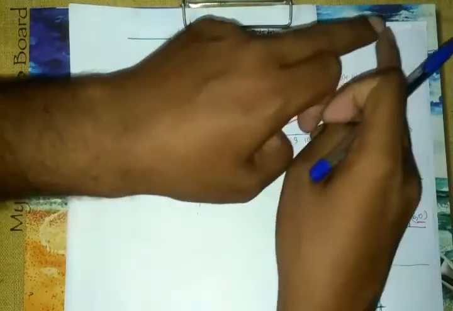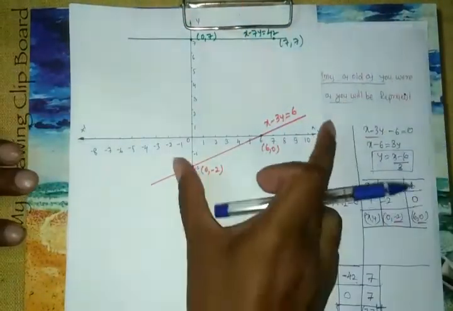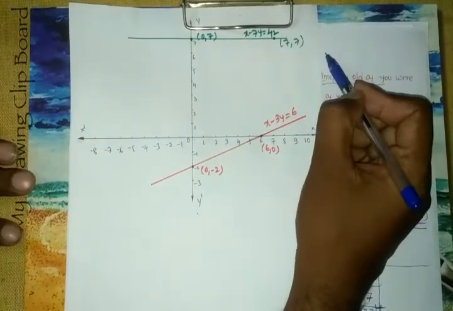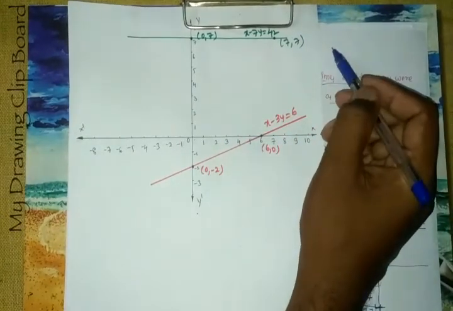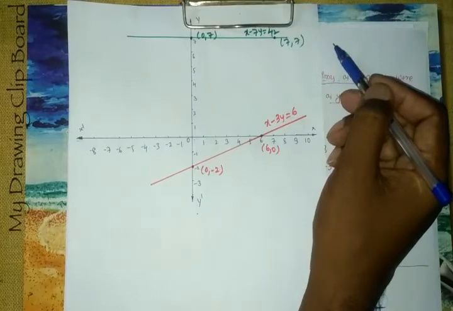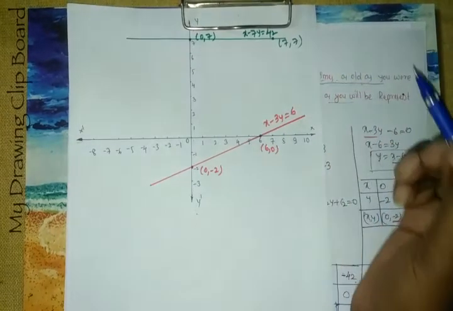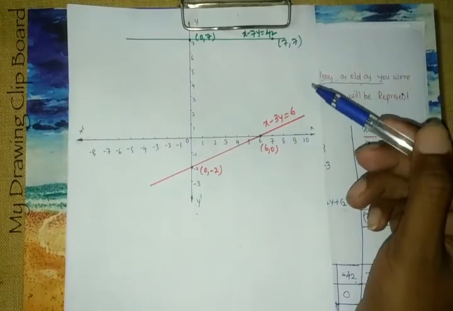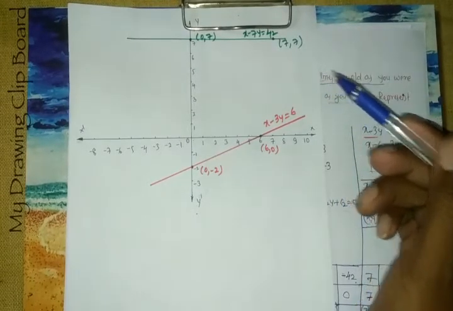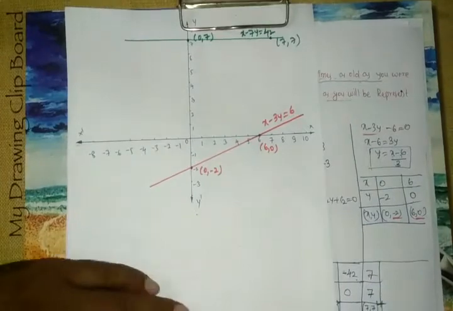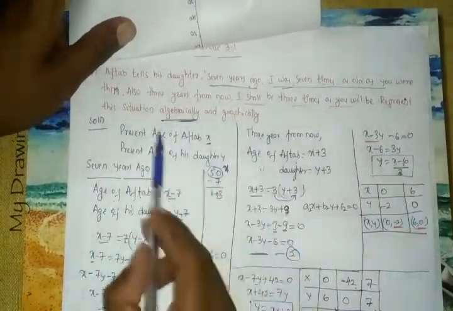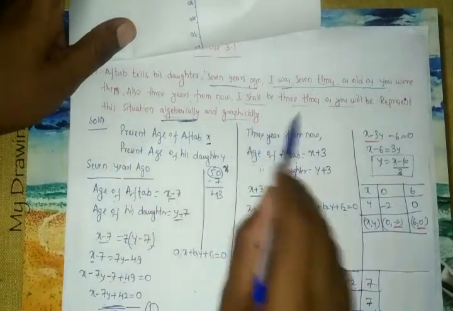They will meet at some point. If you increase the interval, you will get the meeting point. That meeting point is nothing but a common point or intersection point, which implies that this has got a unique solution, or exactly one solution. Okay, so we have represented the situation algebraically and graphically.